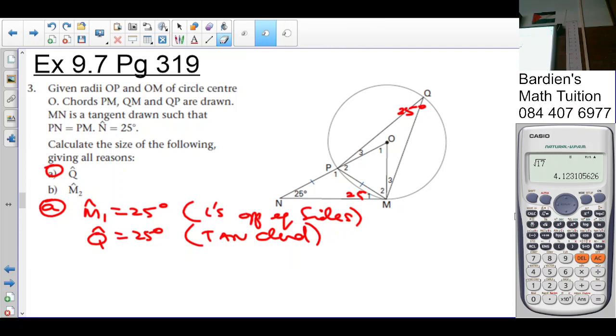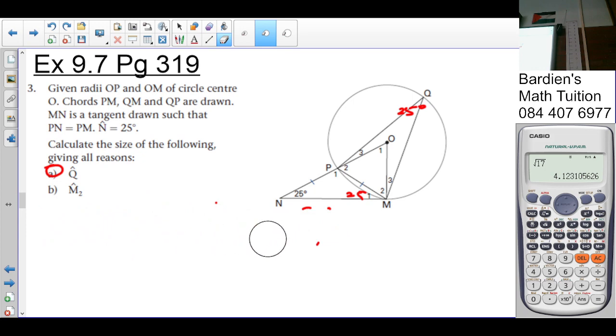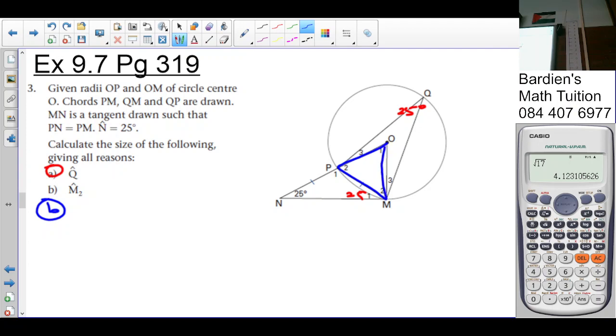Now B. I'm going to take this off since we have that already here. So B, M2. We know that M2 is within this triangle here. M2 is the same as P2. And at that point I can calculate O1. So angle O1 is equal to 50 degrees.